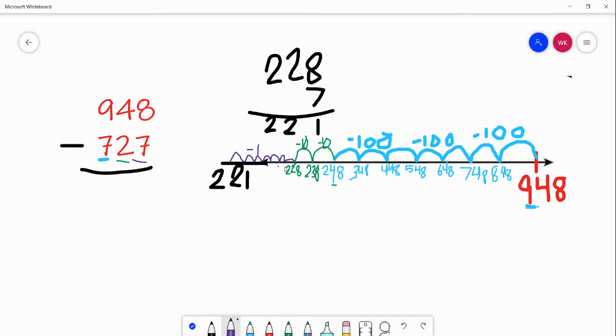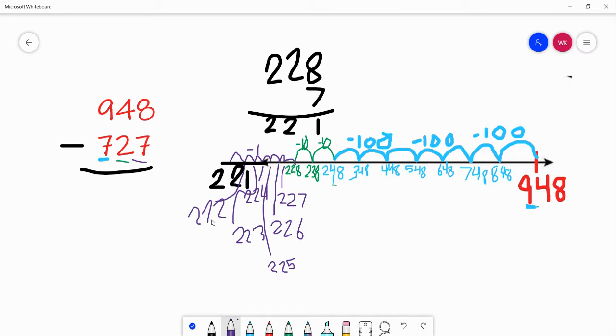You could have written 227, and all of these jumps, you would write your numbers. 226, 225, 224, 223, 222, and then we have our 221 right here. So that is our difference of this equation.